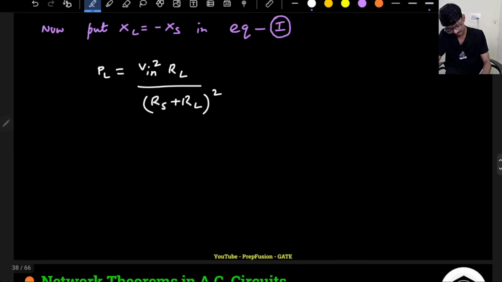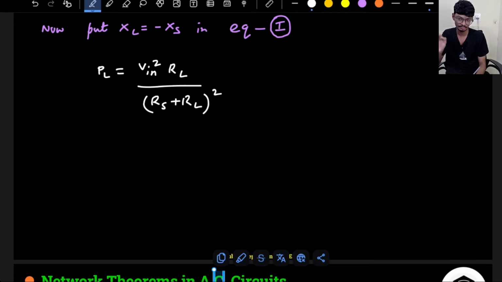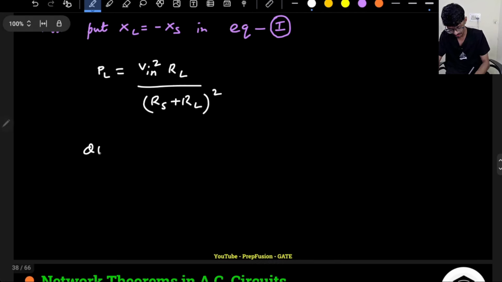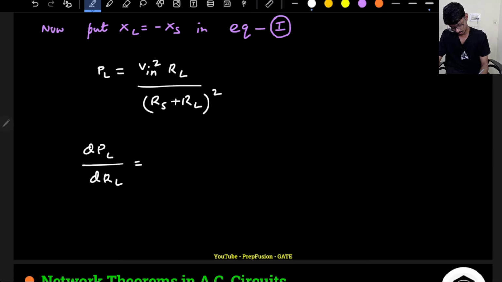Okay, now if I differentiate, again it is the same condition, just like the DC case, right? If I differentiate this with respect to my load resistance RL, which is varying, it will be equals to, now this one is interesting. Vin square is outside, it is just a constant.